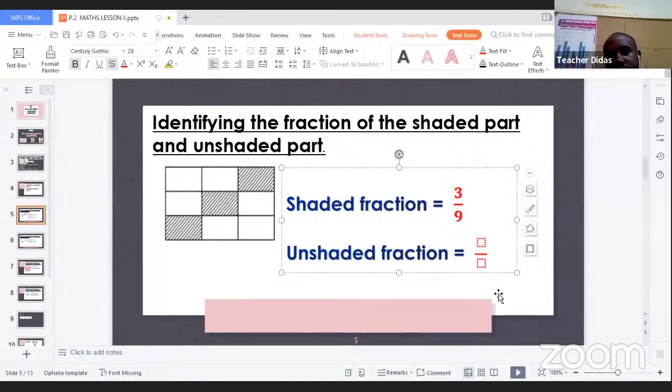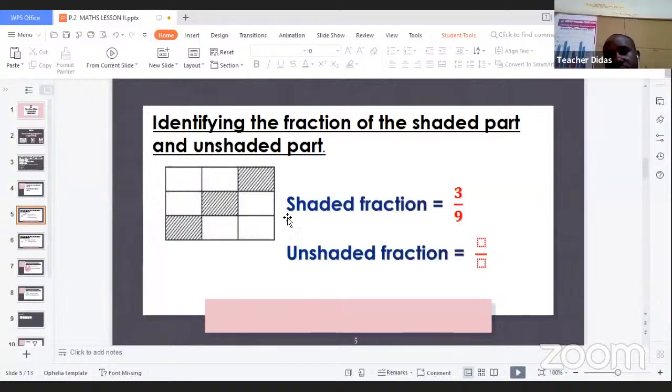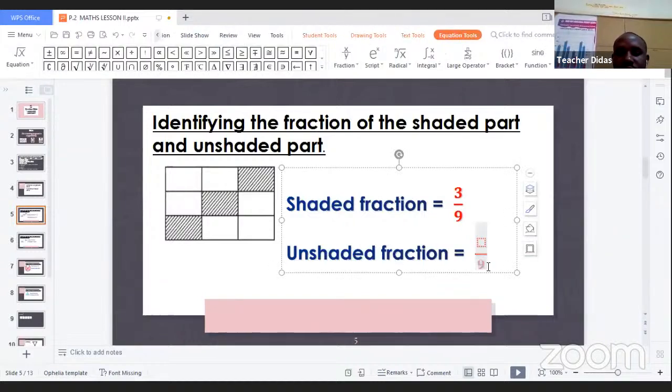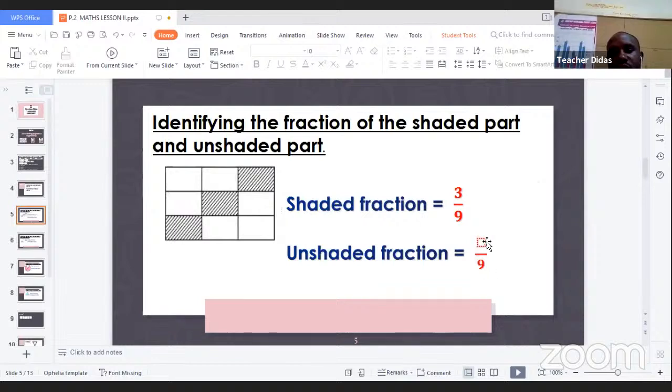Let me give an example here. When we are counting for the unshaded part, we first count how many total parts there are. 1, 2, 3, 4, 5, 6, 7, 8, 9. So we shall make that our denominator, the fraction which is down, and put there 9.